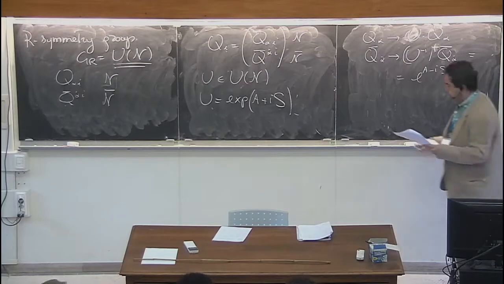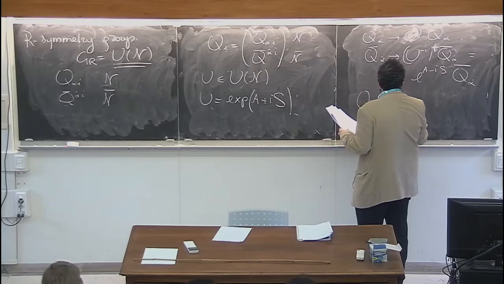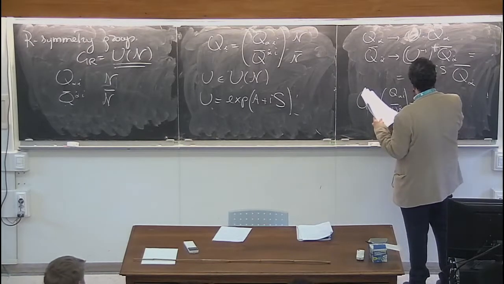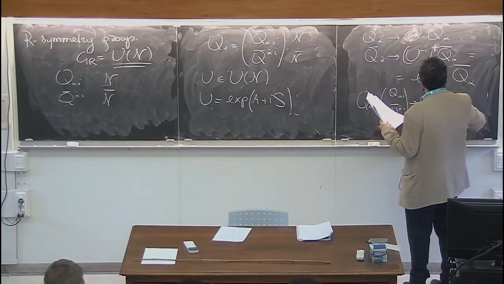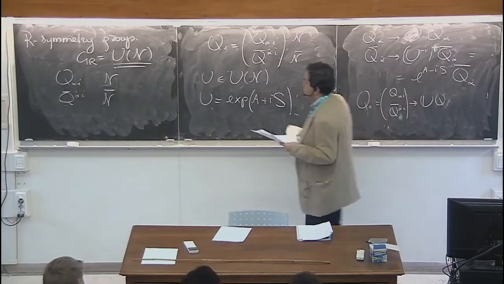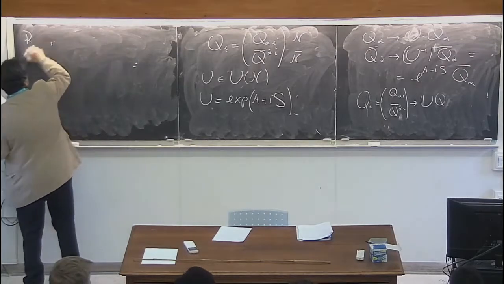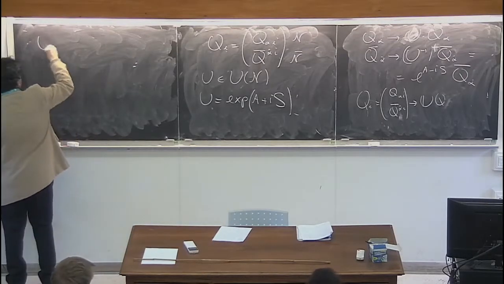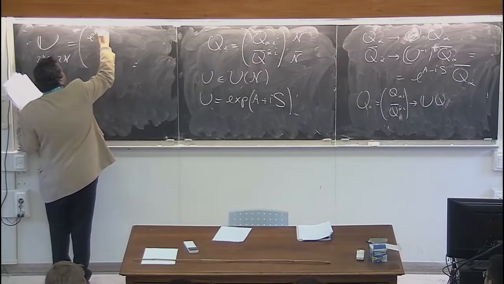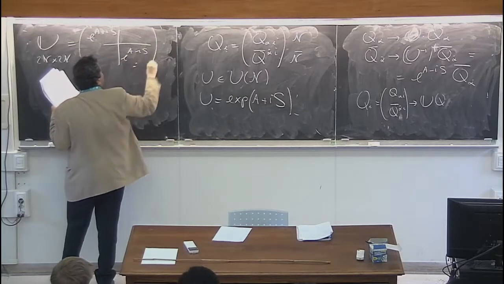The two together, Q^I, which is (Q_α^I, Q̄_α̇I), transform with a bigger matrix, a 2n times 2n matrix, which is e^(A+iS) acting on the upper components and e^(A-iS) on the lower, with zeros off the diagonal.